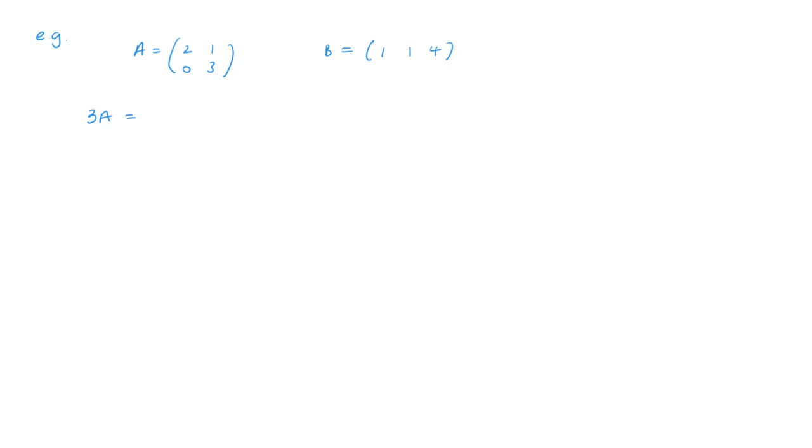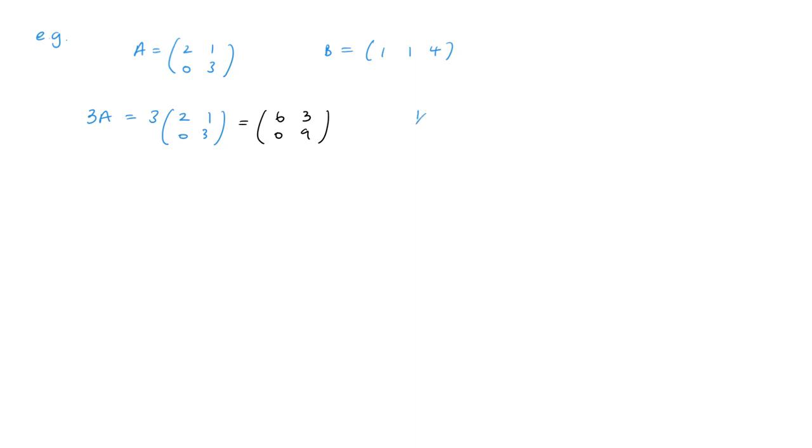That's 3 multiplied by matrix A, or 3 multiplied by 2, 1, 0, 3. This is just 3 times every element, so we get 6, 3, 0, 9. Nice and straightforward.